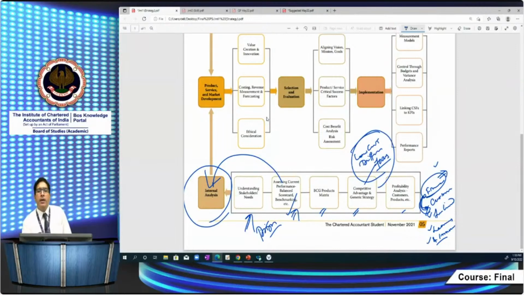For example, AirAsia Malaysia uses low cost strategy, Malaysian Airlines uses differentiation strategy, and Southwest Airlines uses focus strategy. Focus may be low cost or differentiation, but for a particular segment. And profitability analysis is also part of internal analysis. These models are interconnected.